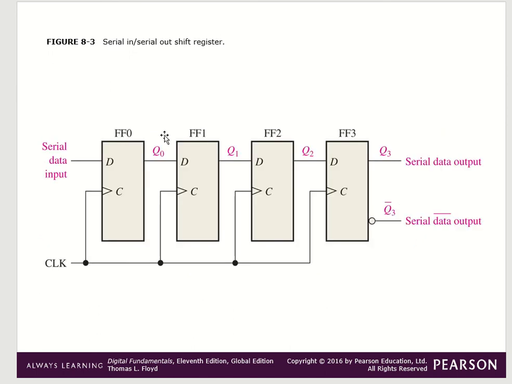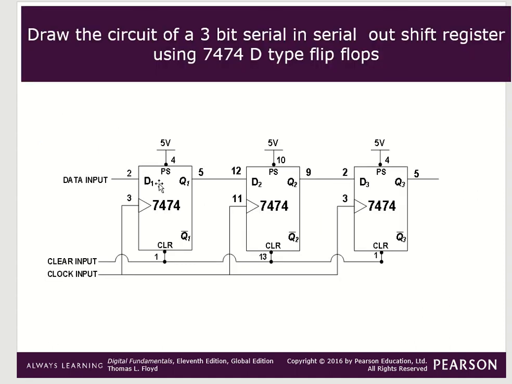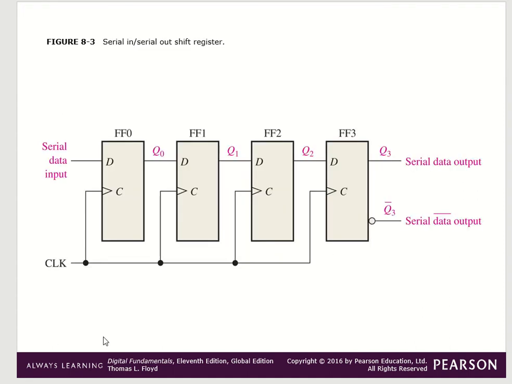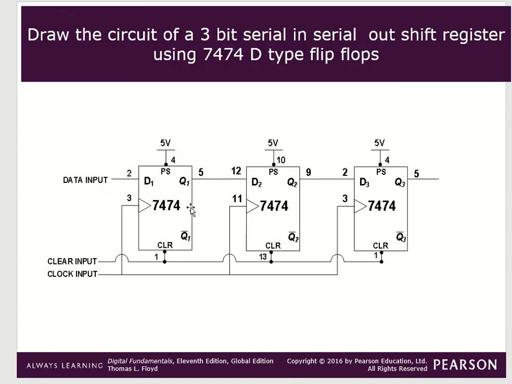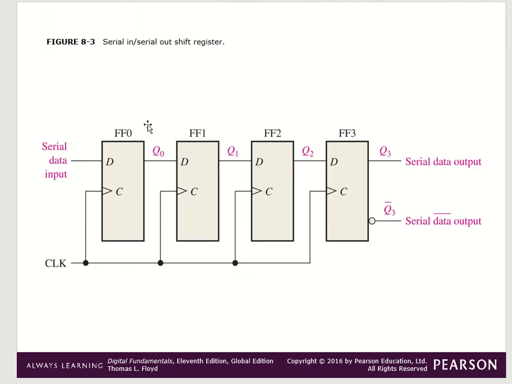Now see here, serial in, serial out shift register. Before, we studied the 3-bit one, and here the difference between the two is very simple. This is a 3-bit shift register and this one is a 4-bit shift register. So 4 flip-flops, F of 0, F of 1, F of 2 and F of 3, and a simultaneous clock. Serial data input and serial data output.